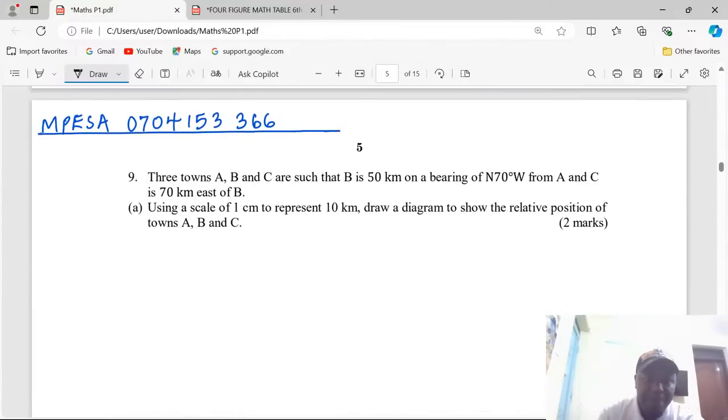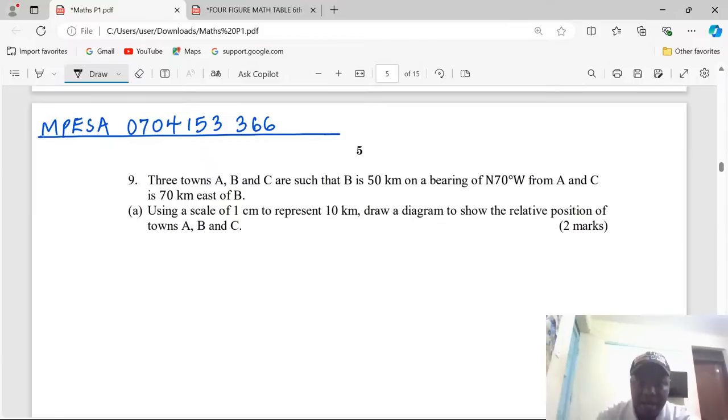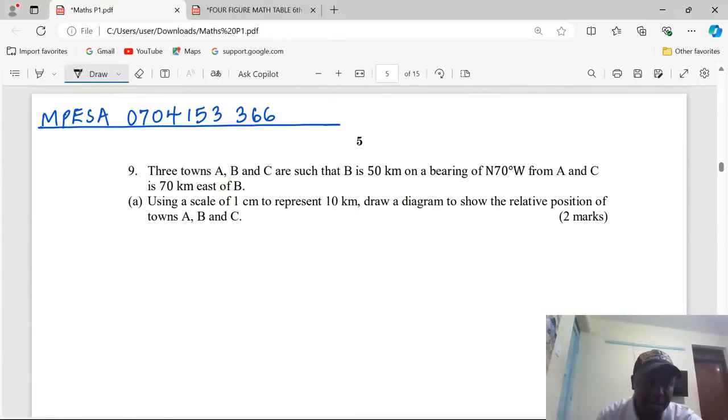Continue using the number on the screen. That is the number we are supposed to use. Number 9 is on a scale drawing. We have a lot of videos on scale drawing. In this case, I'm just going to describe what you will do because I don't have tools to help me come up with an actual scale diagram.